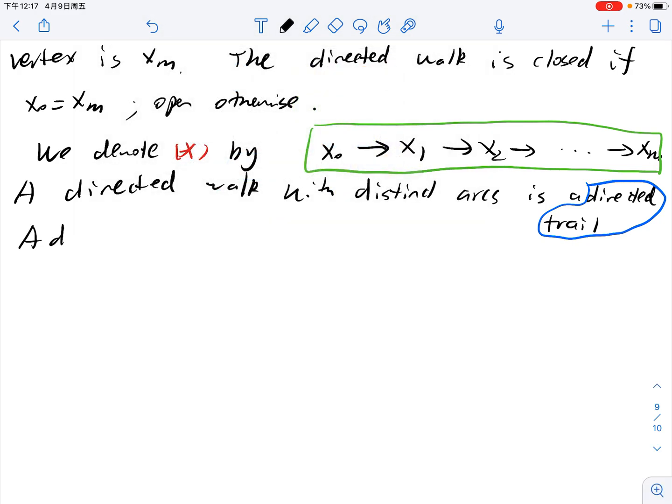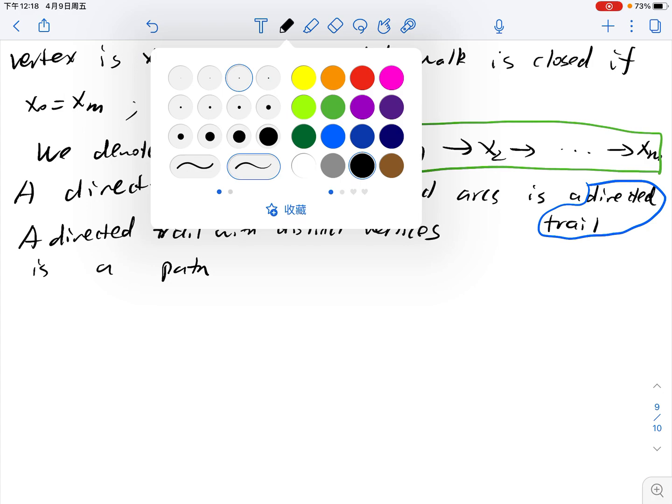A directed trail with distinct vertices is a path, or directed path.